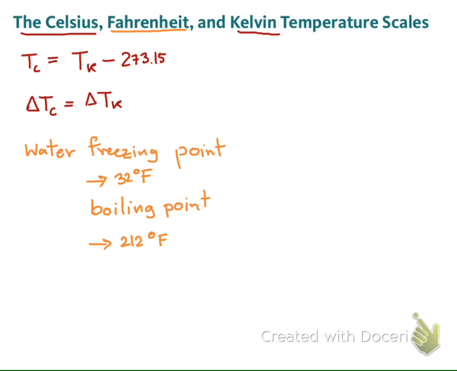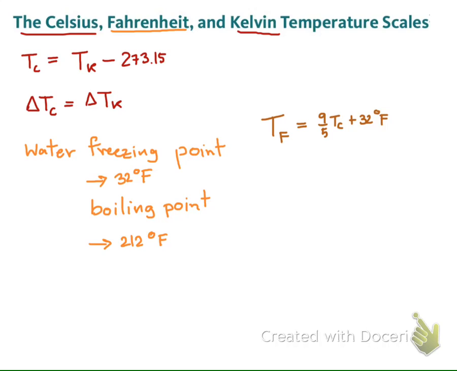We can transform the temperature between the Celsius scale and the Fahrenheit scale using this relation: the temperature in the Fahrenheit scale is equal to 9/5 times the temperature in the Celsius scale plus 32 degrees Fahrenheit.